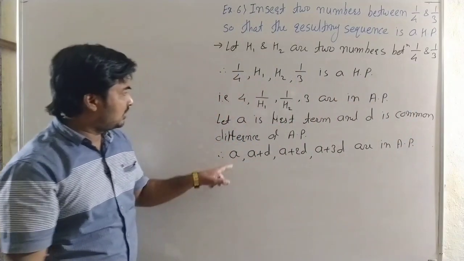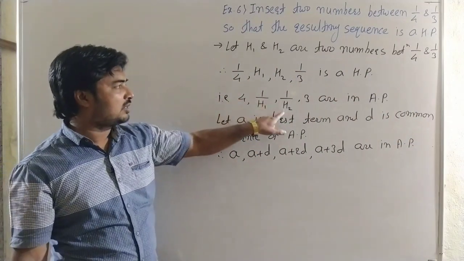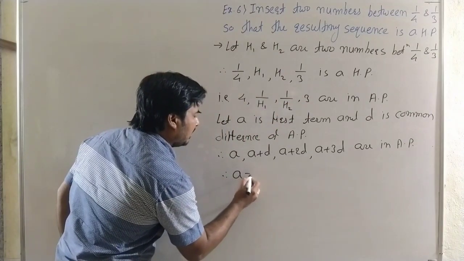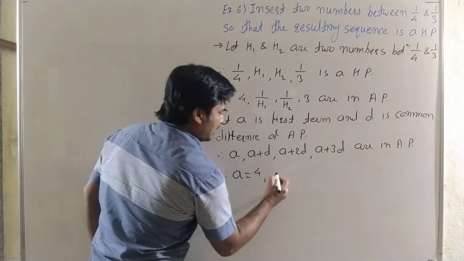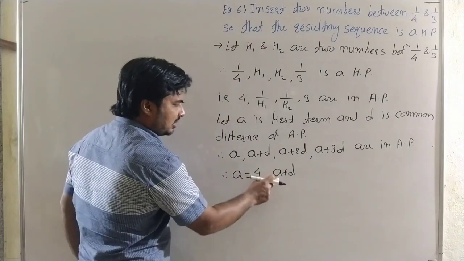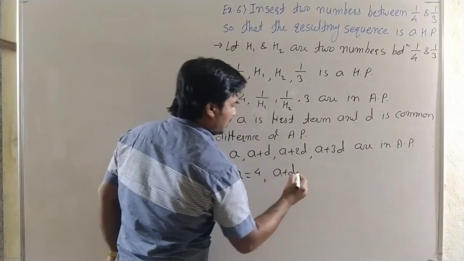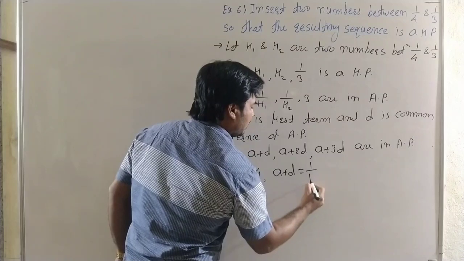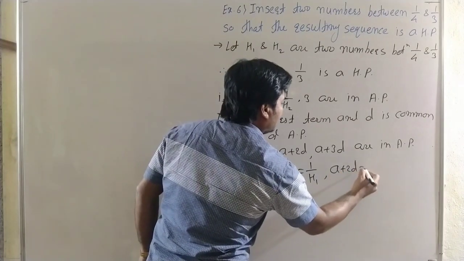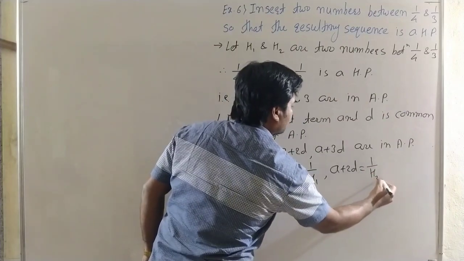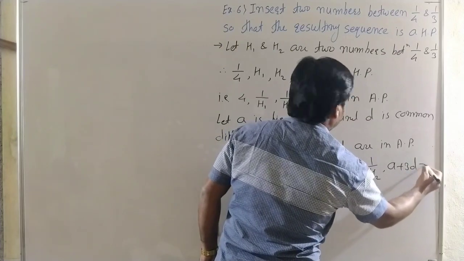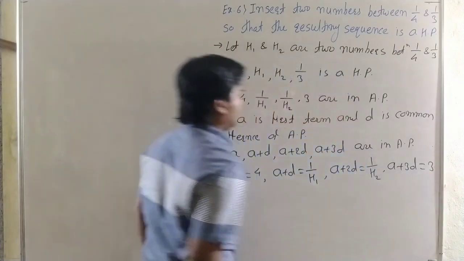Therefore we can write the first number a is equal to 4, a plus D, the second number, is 1 by h1. Then a plus 2D is equal to 1 by h2 and a plus 3D is equal to, it is given, 3.